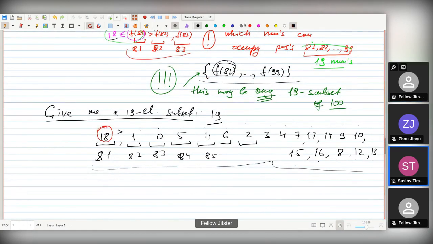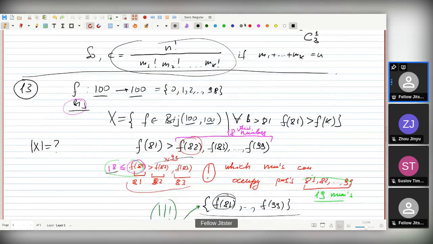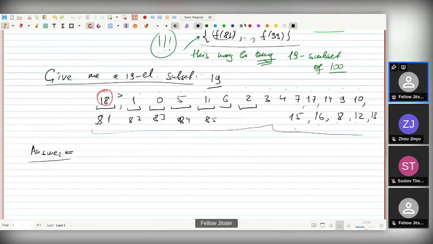So here we can easily construct the answer. How many bijections do we have? Easy. This is the choice of this set, the choice of this set of elements at positions from 81 to 99.